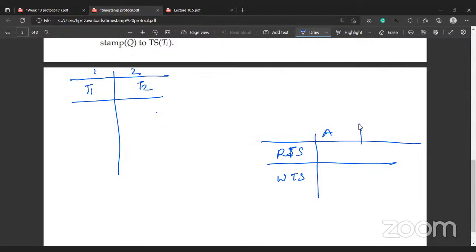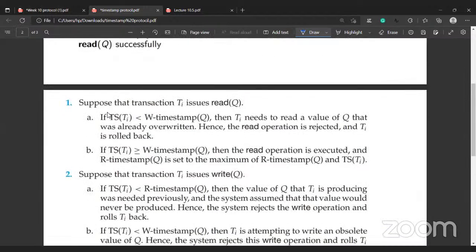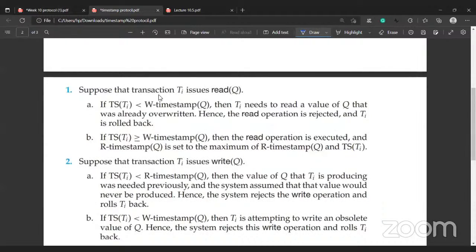There are two data items, suppose A and B, with values 0 0 and 0 0, right. Suppose T1 issues a read operation. So we have to check: transaction T1 issues a read operation on data item A. If it is A, then it is B. So T1 issues read A, right?